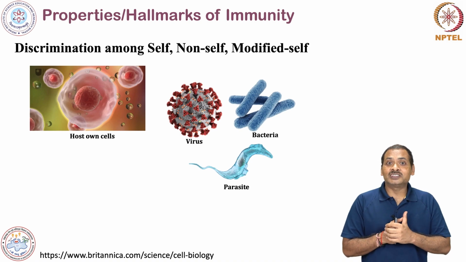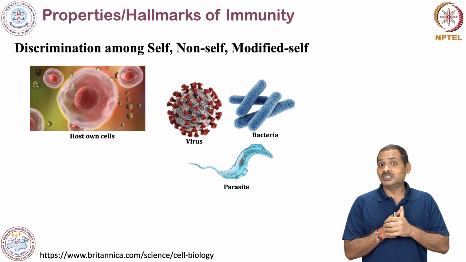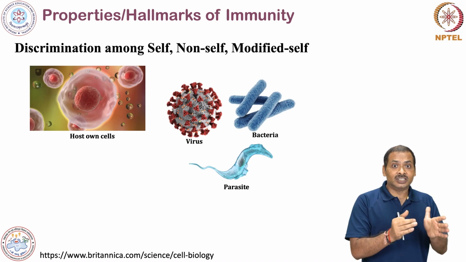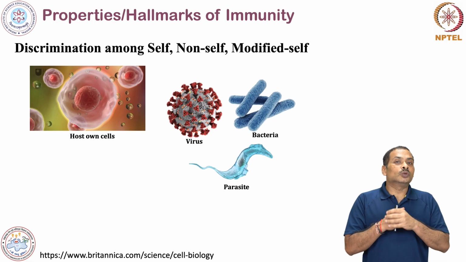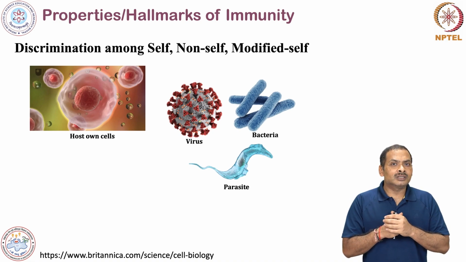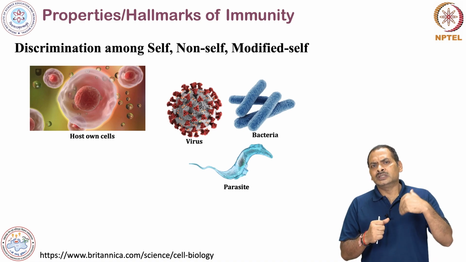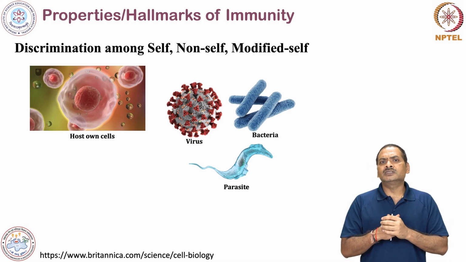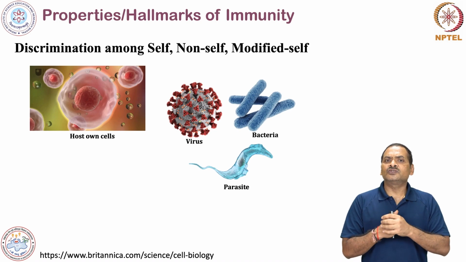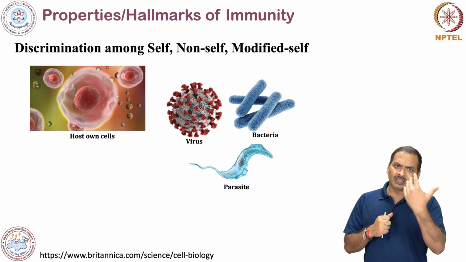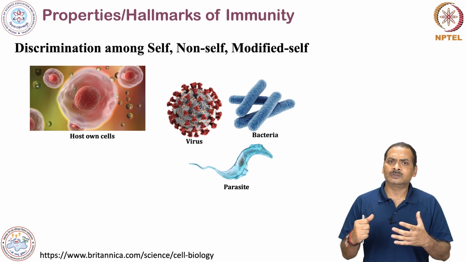But here I will say that our immune system can also discriminate between self and modified self. What I mean by modified cell is that an individual can have some transformation of cells, and that transformation results in the development of tumor or cancer.